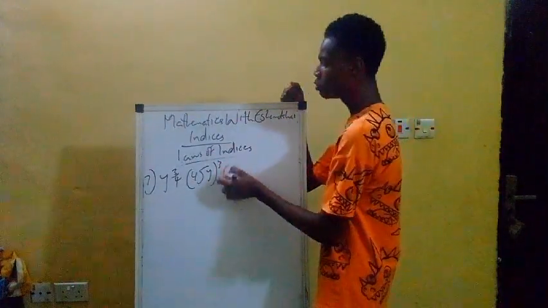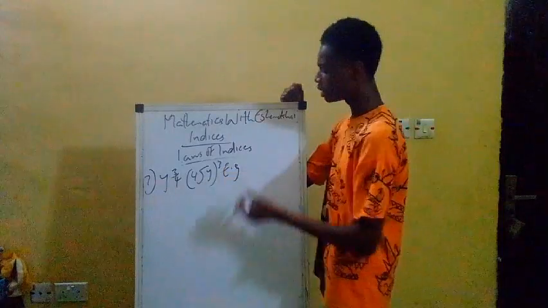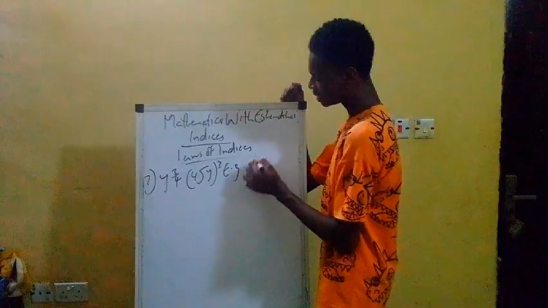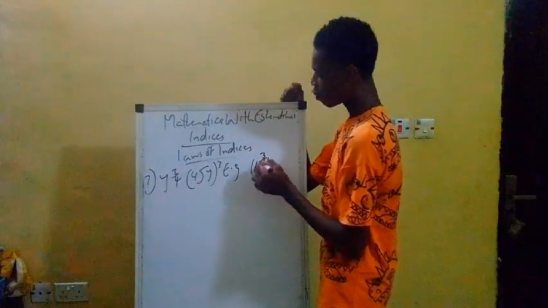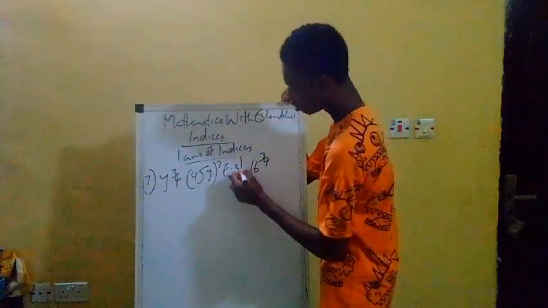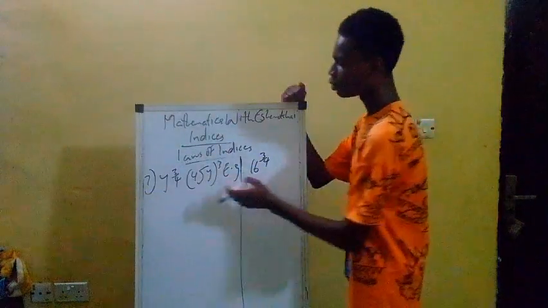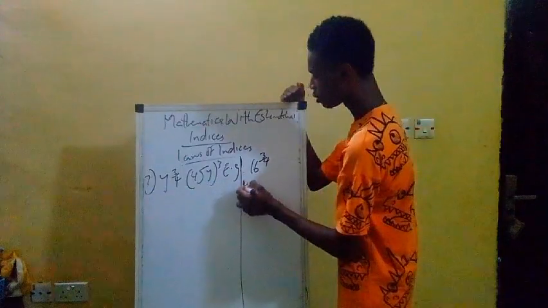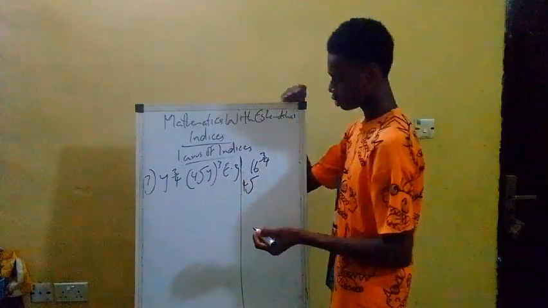Now let me do an example with the same thing. Let's say 16 power 3 over 4. What you should do, like I said before, is you use 4 to take the root of it.